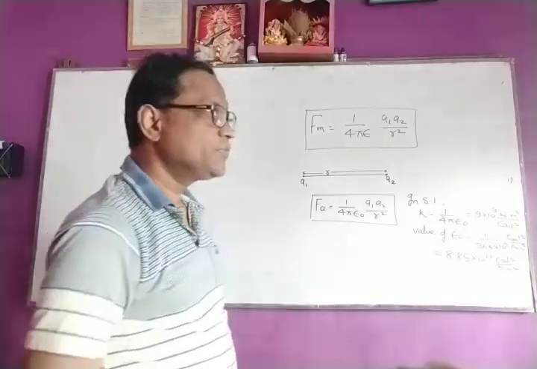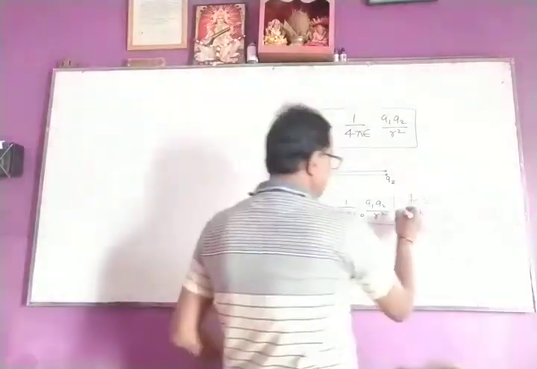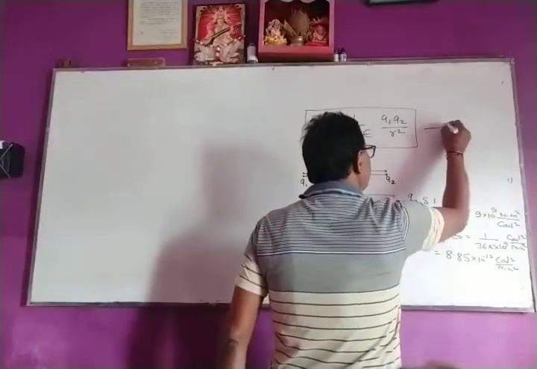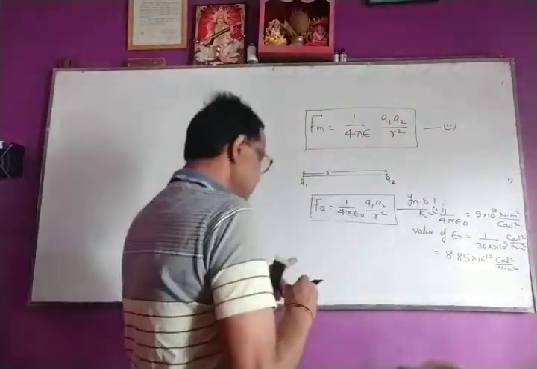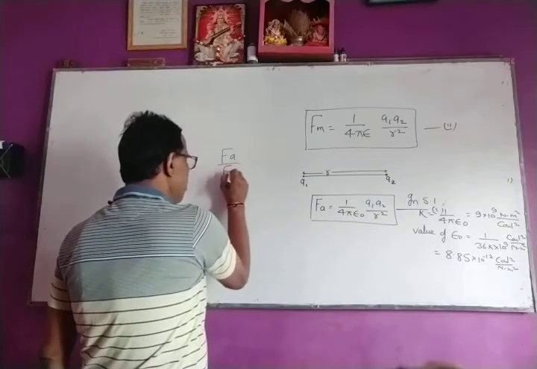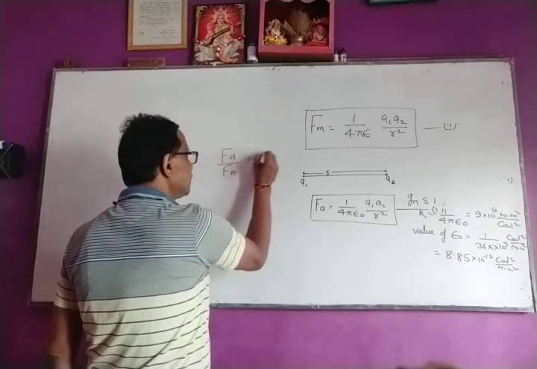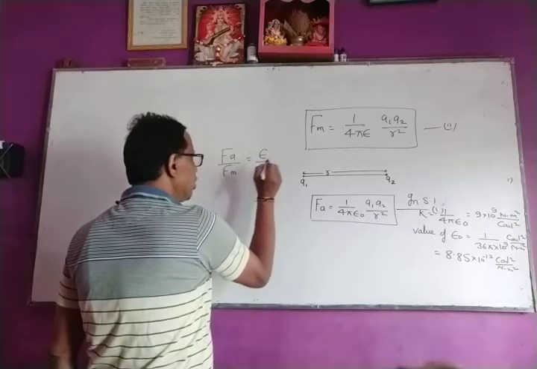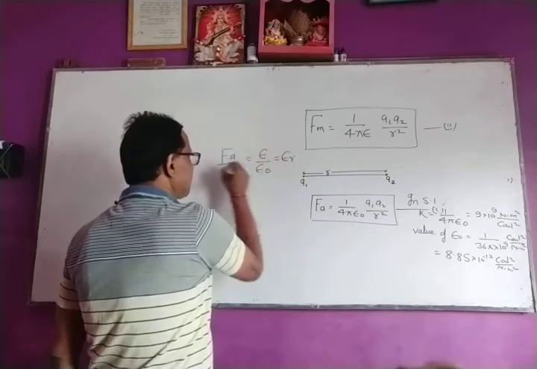Dividing equation first by second, we get Fa upon Fm is equal to epsilon upon epsilon naught, which is epsilon r.